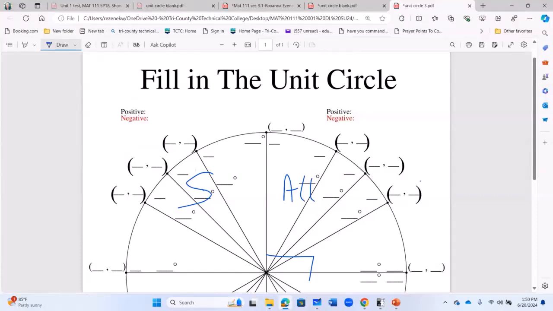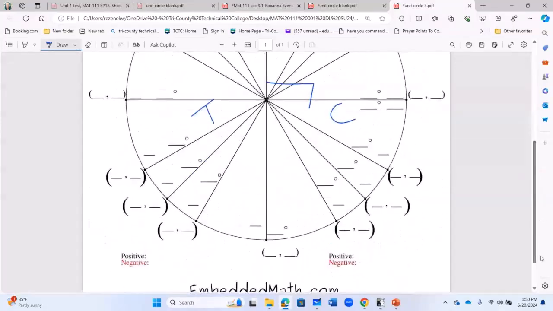In the third quadrant, take calculus, that's T. Fourth quadrant is cosine. Every point here has positive, positive, positive. In the second quadrant, x is negative, negative, positive. In the third quadrant, negative, negative. And in the fourth quadrant, we have positive, negative.